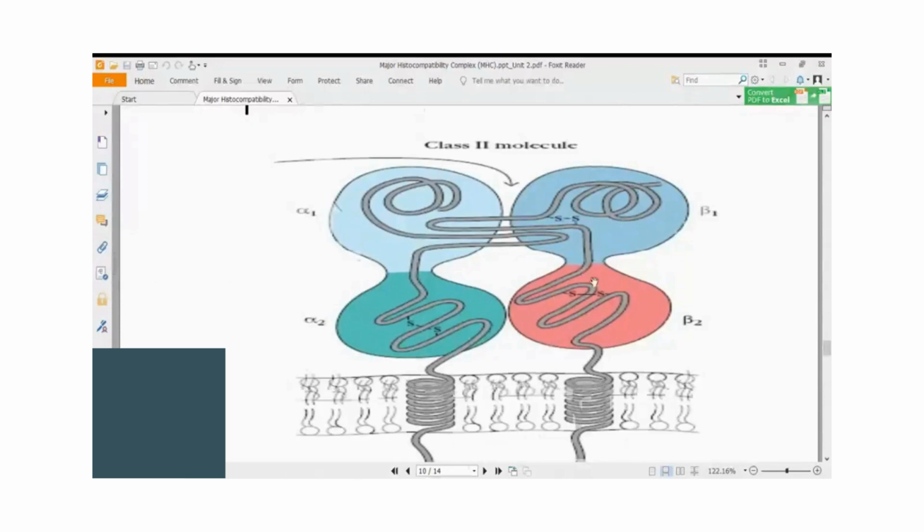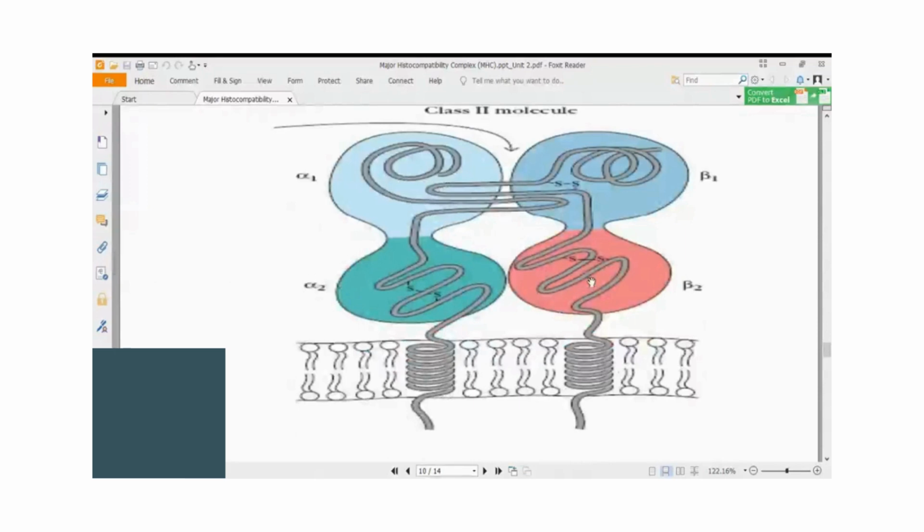Okay, and the transmembrane domain, once again, is about 40 amino acids and 30 amino acids of the cytoplasmic region. Okay, so alpha and beta domains do not have any covalent interaction, but they are in fact interacting at a region where alpha 1 and beta 1 will have traversing chain within themselves.